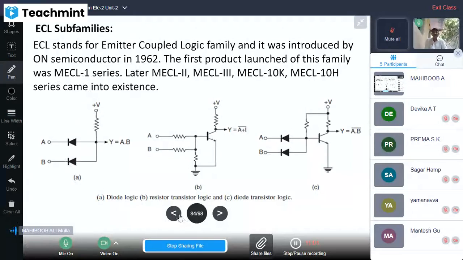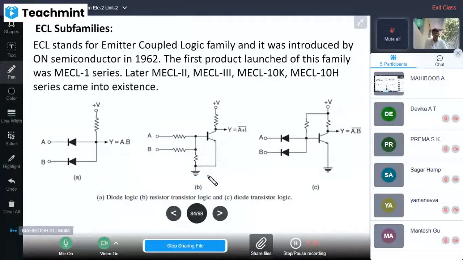This is about the introduction to different logic families and their subfamilies. Now let us see the logic gates using this technology one by one. The first diagram shows diode logic. Only diodes are used. Y is equal to AB. This is an AND gate.